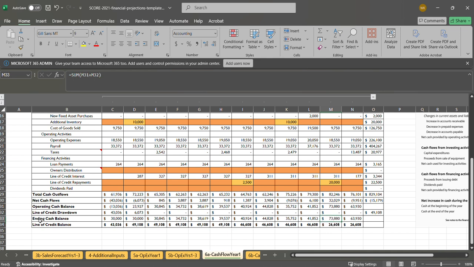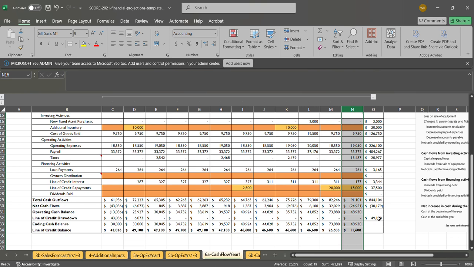Our cash balance, of course, goes down as well. And then we still have a good amount of cash left in December. So I'm going to pay maybe $15,000. And at the end of the year, we see that we have still a good amount of cash in the bank. Our line of credit is about, $12,000.